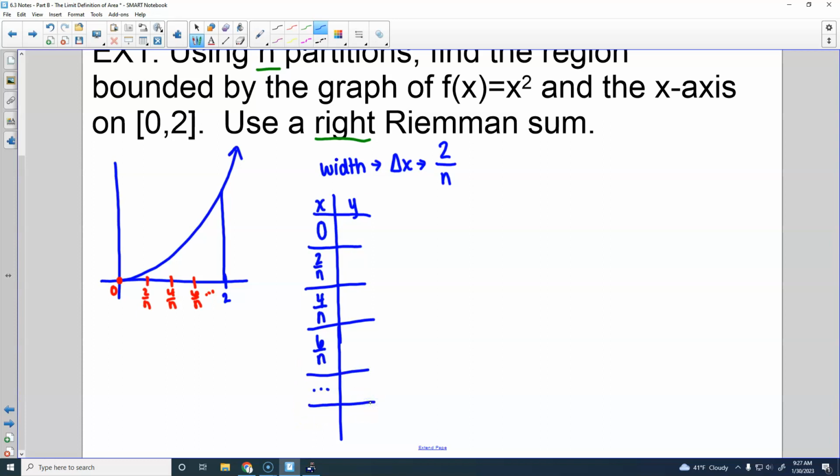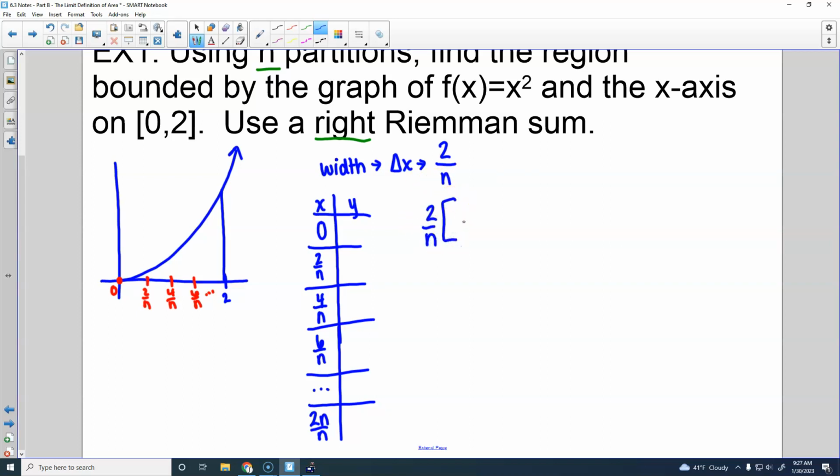Eventually, we're going to end up with 2n over n. Right, because 2n over n would give us 2, because this needs to end at 2. So, if we think about setting this up just like we normally would, the width is 2 over n.